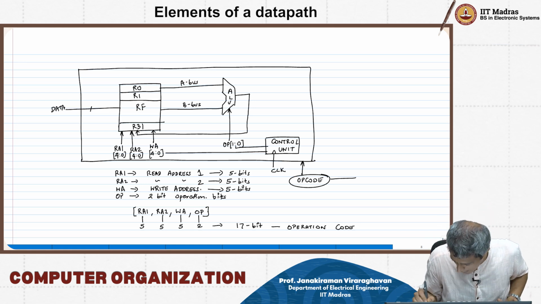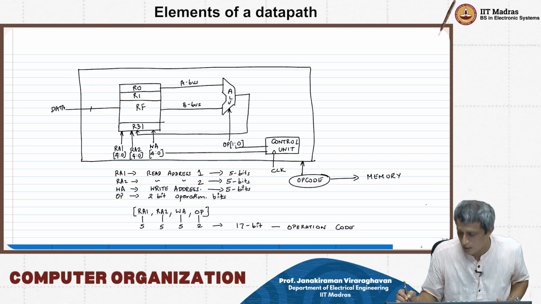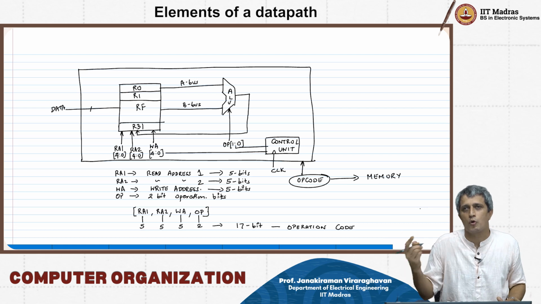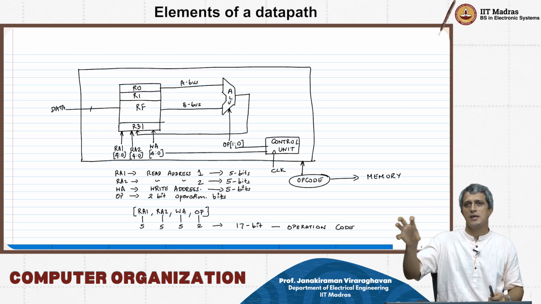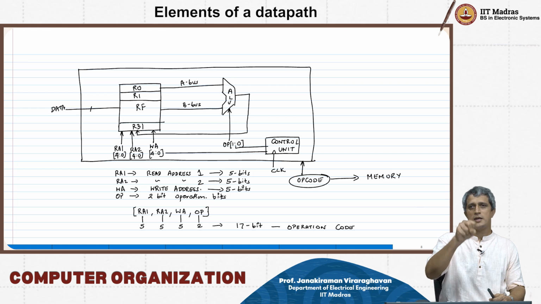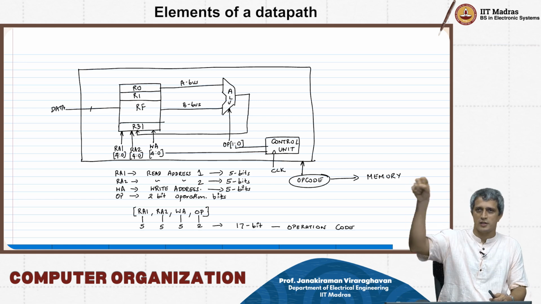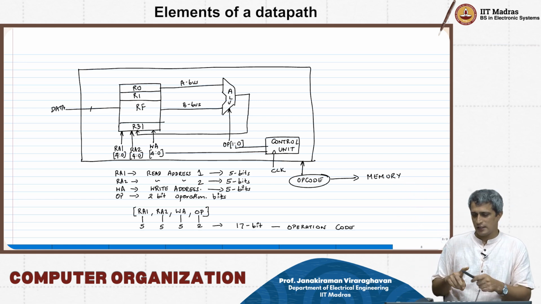So I can now interface this to a memory which will feed opcodes to you, and I keep fetching one opcode at a time. I decode, I execute, and then I go fetch the next opcode and so on.